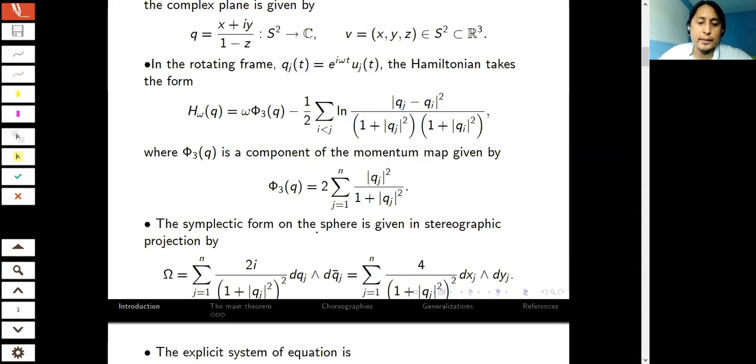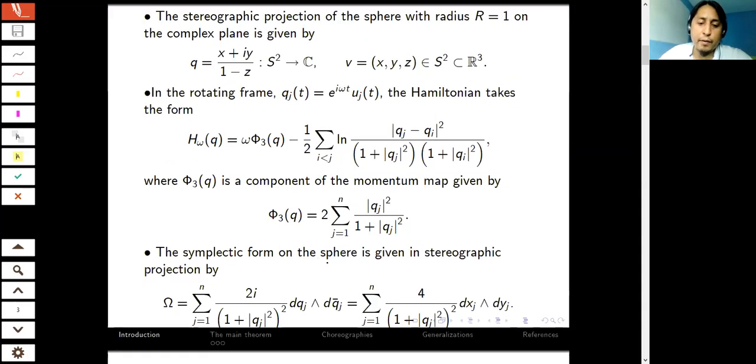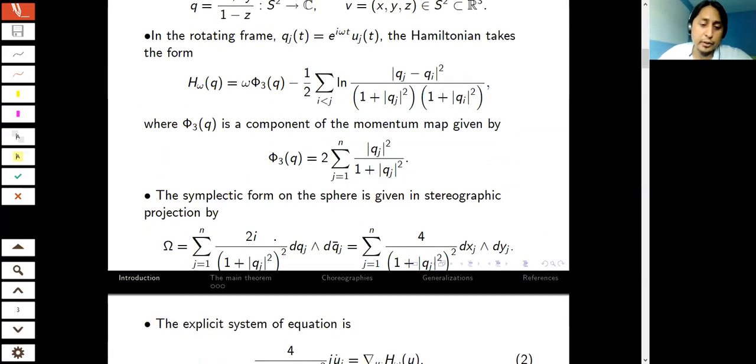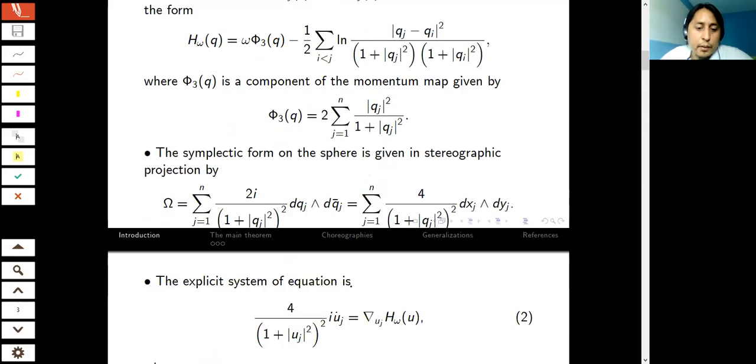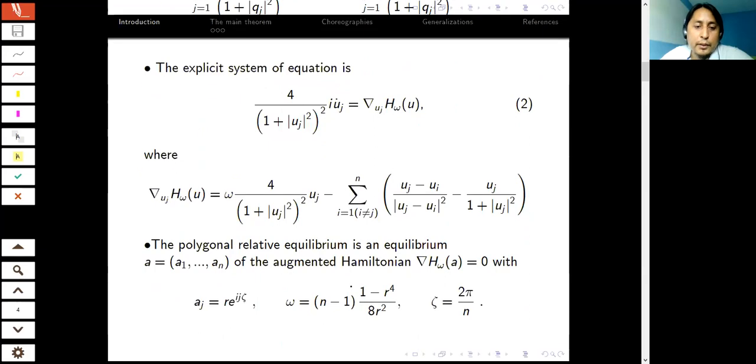And the symplectic form on the sphere, given with this, is just the sum of the area forms given on each one of the spheres. The mistake is just replacing in all this part q by u, and here also q by u. Okay, so now this is correct.